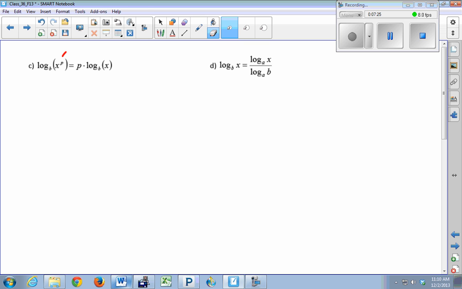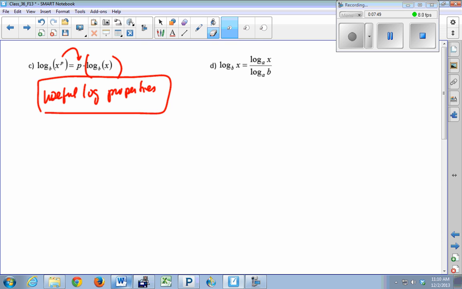Notice this p comes right down in front and multiplies it by the exponent that's left, which is log base b of x, whatever that is. So here are your two exponents you're multiplying, p times log base b of x. This is one of the most useful log properties we're going to be using throughout the next week or so. We'll be using this quite a bit.